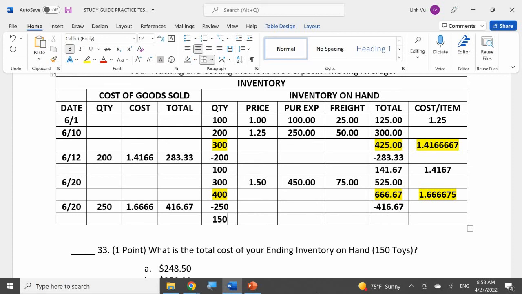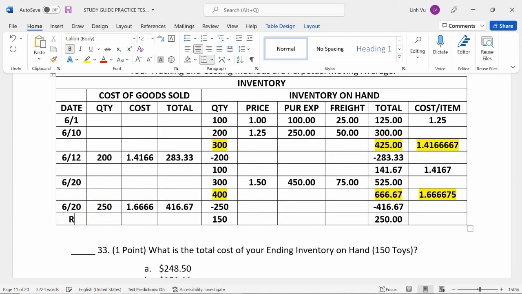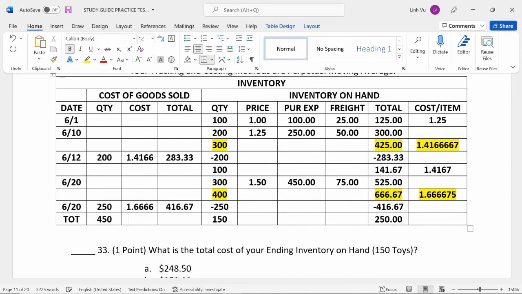150. I have a total of 150 left at a grand total cost of 250. Okay. And let's also solve for my cost of goods sold. So how many items did I sell? 450.